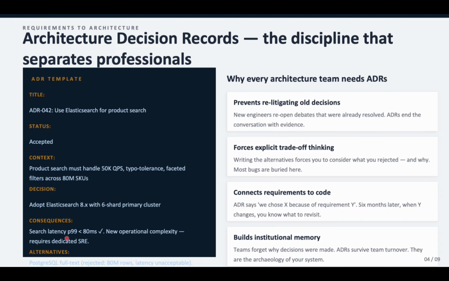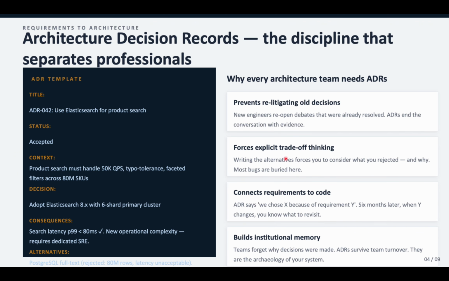We need a dedicated SRE with Elasticsearch expertise, right? The last field is alternatives, and it is the most important field in the entire document. It proves that you thought about the decision and that you didn't just pick the first thing that came to your mind.